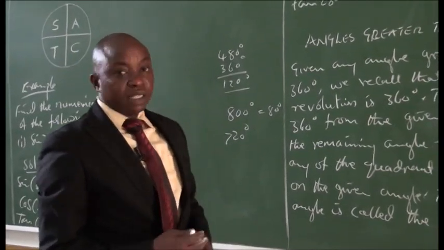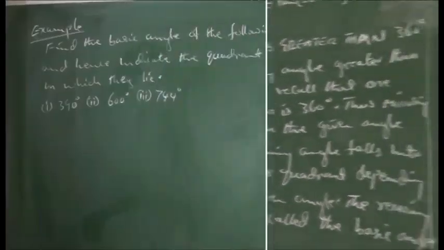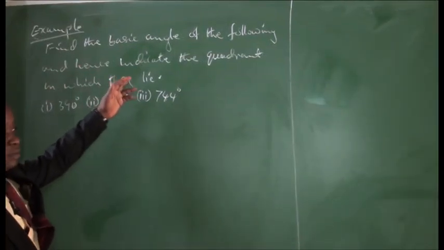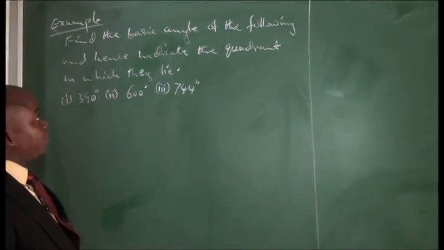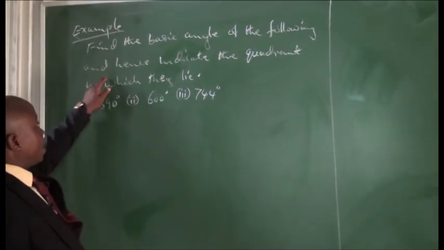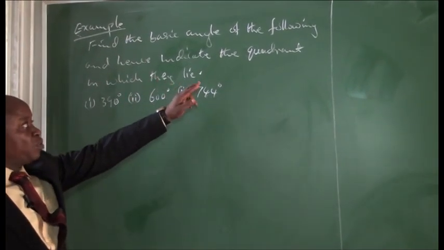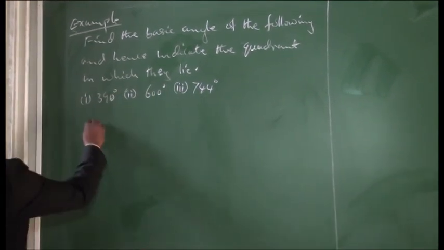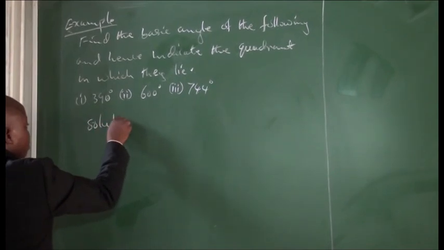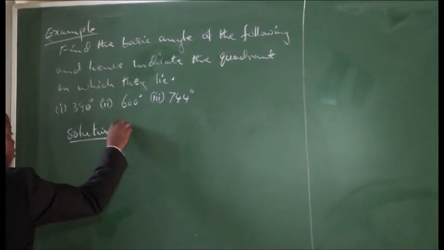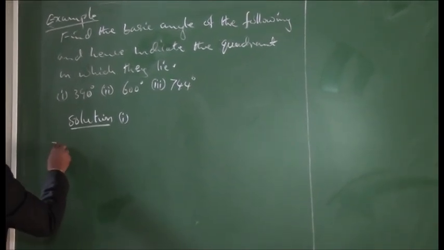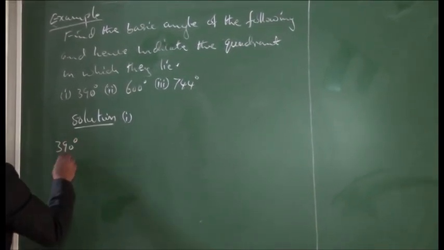So we are going to take a practical example of this. Find the basic angle of the following and hence indicate the quadrants in which they lie. So let's take the solution of the first one, part one: 390 degrees.